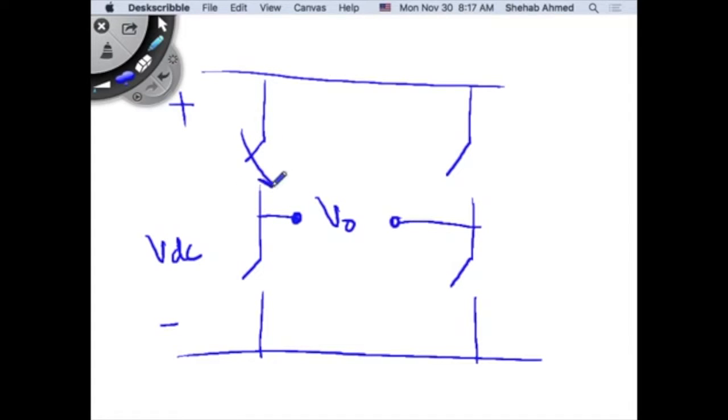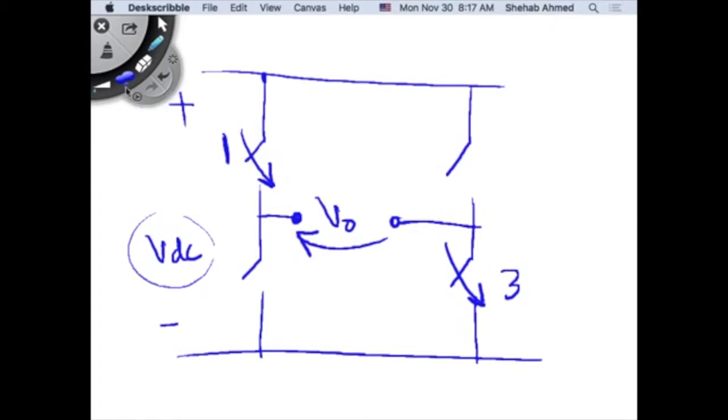When this switch and this switch are on, this node is connected here, this node is connected here, right? So then the output voltage is equal to VDC. So when switch 1 and, I think they call this, 3 are connected, the output voltage is VDC.